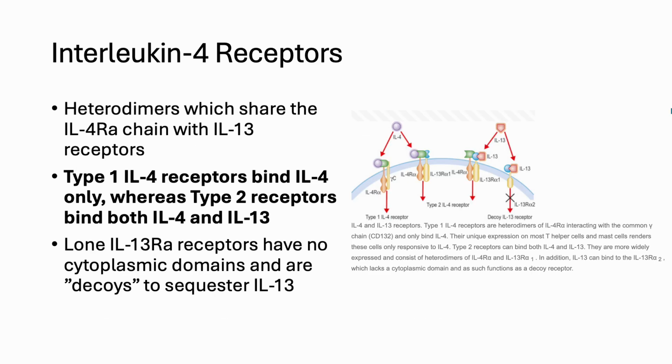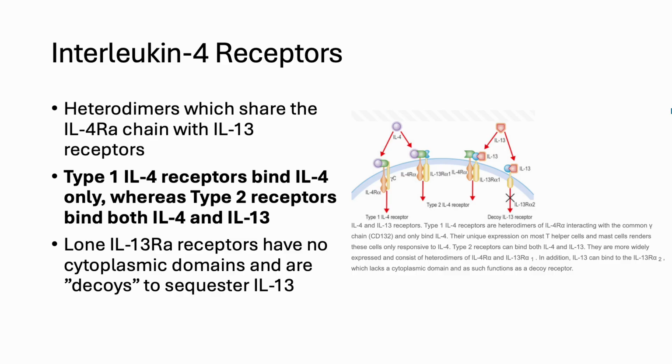So I want to talk about the receptors a little bit. This is something that happens in the IL-1 family as well. But basically, the IL-4 receptors are a heterodimer, and they share a common chain with IL-13 receptors. Now, as you can see in this image over here, type 1 IL-4 receptors are only going to bind IL-4, but type 2 could bind both IL-4 and IL-13.